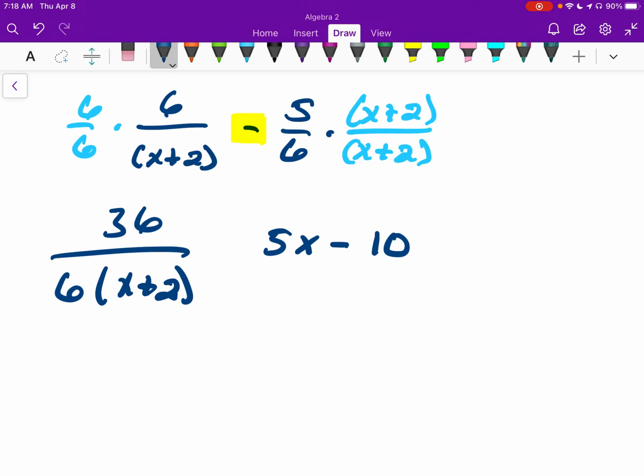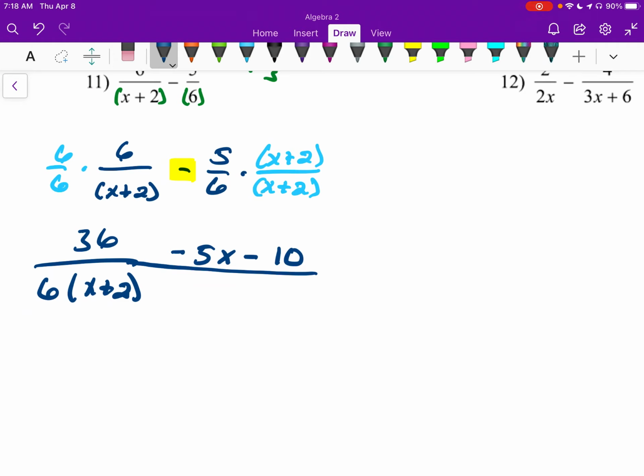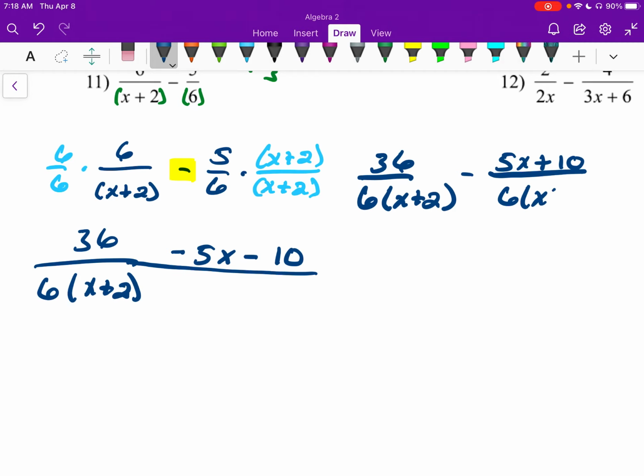Sorry about that. Just like that. And let me write down an intermediate step in there so that makes more sense. We'd have 36 over 6 times x plus 2 minus 5x plus 10 over 6 times x plus 2.